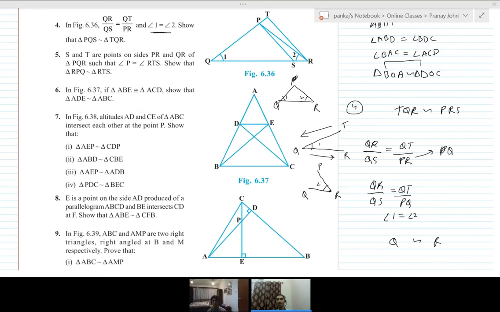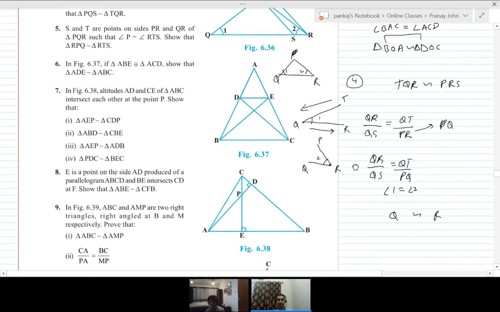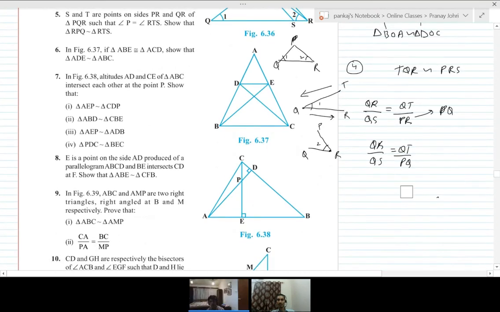Can we say that RQT and PQS are basically the same angle? If you see, SAS, this is the case. Angle one is angle one exactly, using SAS.